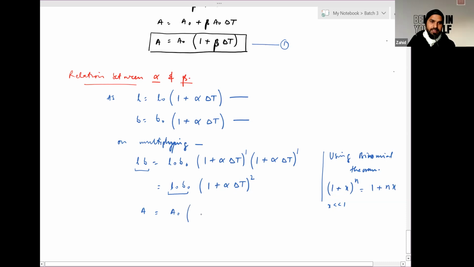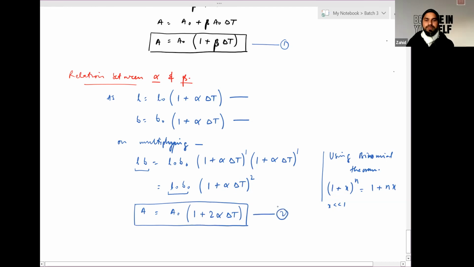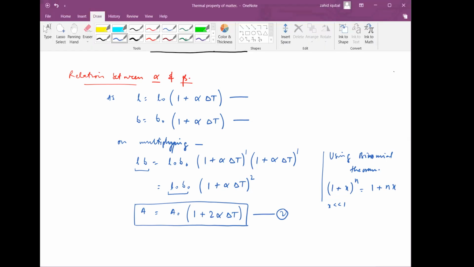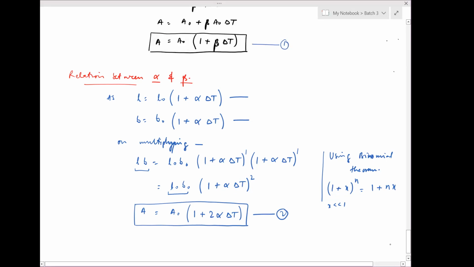So we may write it as 1 plus 2 times alpha delta t. Now, let's say this particular equation is equation 2. Abhinav, is it clear? Yes, sir. Clear, sir. Good.